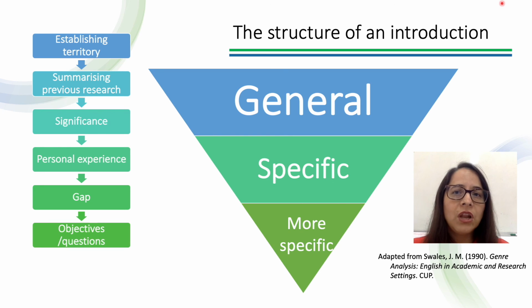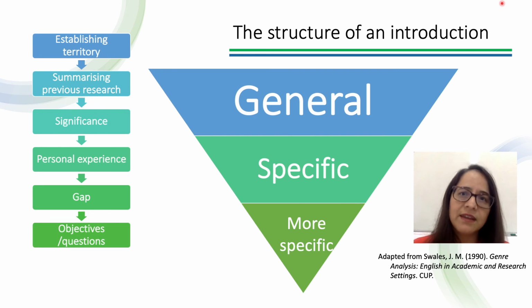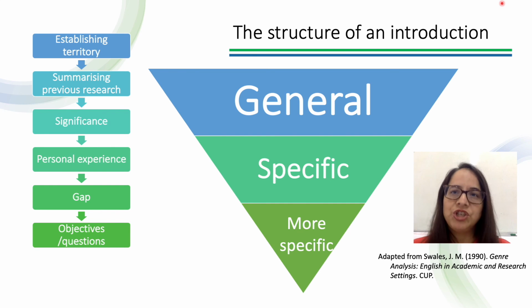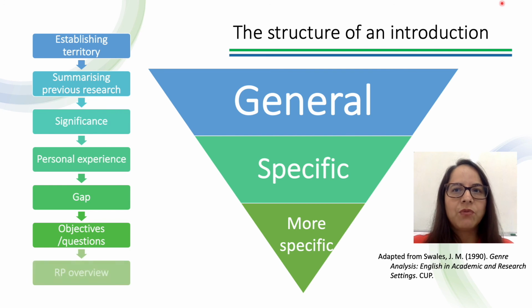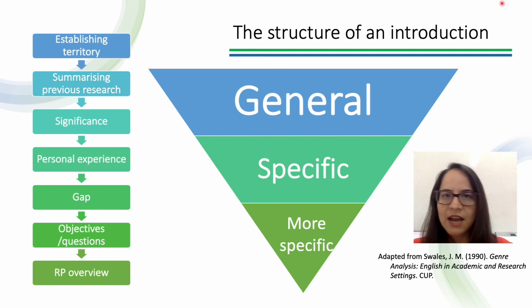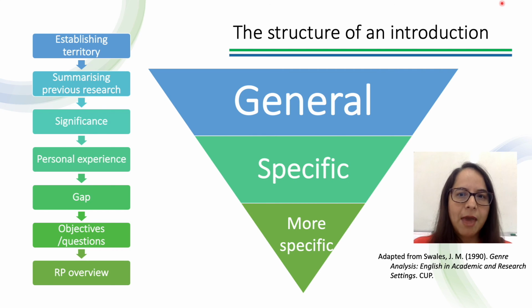And this all gives room for stating our research objectives and then our research questions, which, as previously mentioned, must reflect the objectives themselves. Finally, there is the overview of our research paper, presenting the chapters and an overview of each of them.